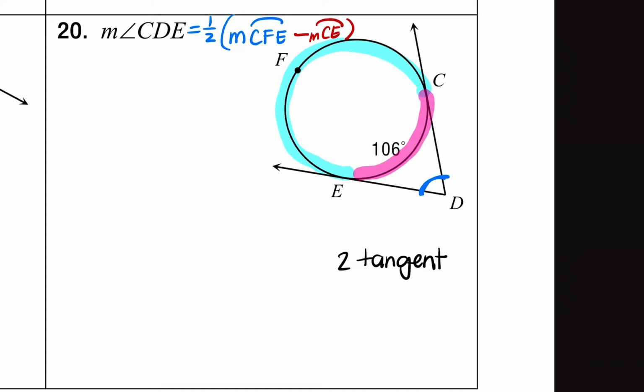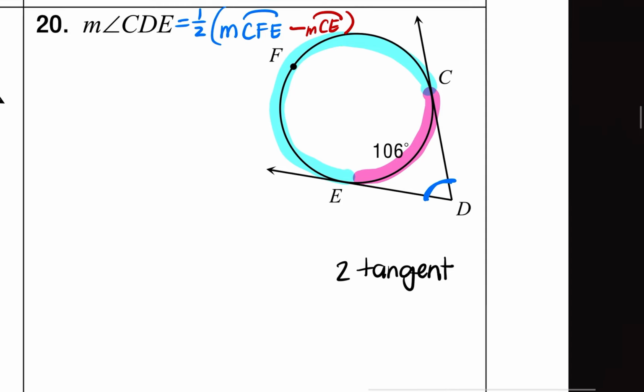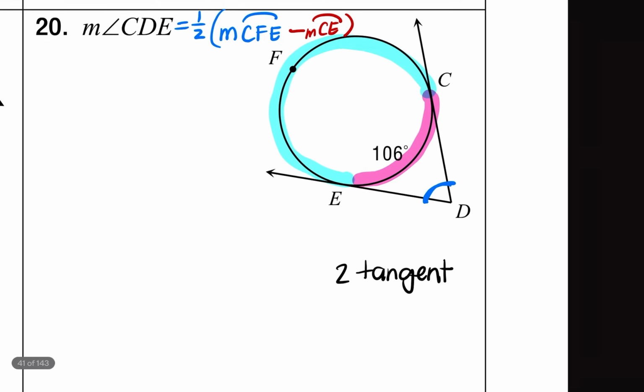And that is this arc here. Okay? So I'm going to start off by finding that larger arc there. That's just going to be 360 minus 106. So that arc is 254 degrees.